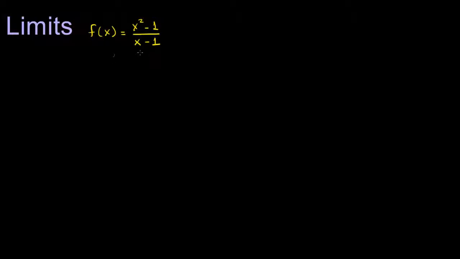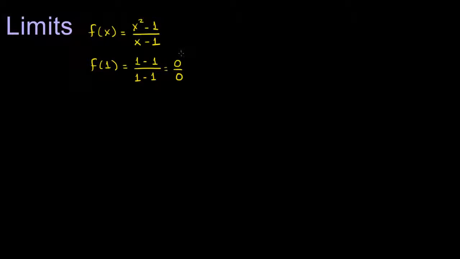The first thing I'm going to ask is what happens if I evaluate this function with a value of 1. If you input the 1 into this function, you get 1 minus 1 over 1 minus 1, and you get to this terrible 0 over 0.